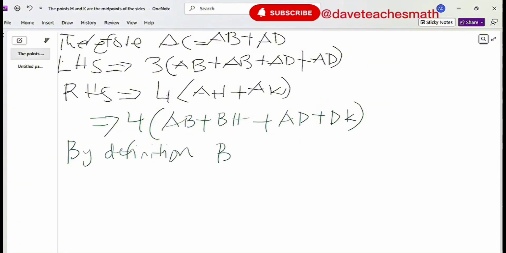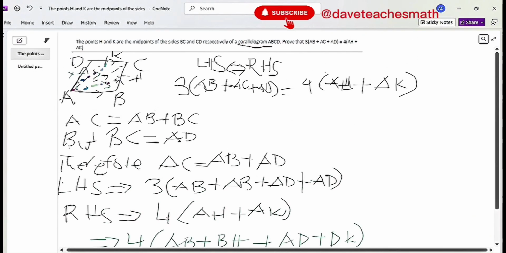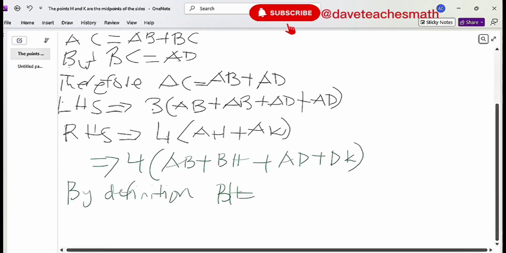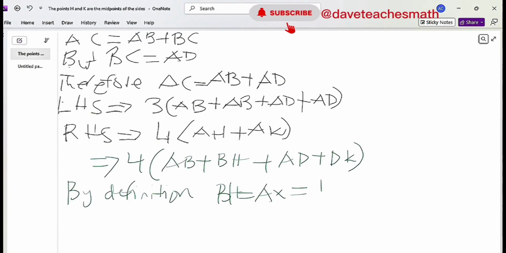BH is equal to AX, but X is the midpoint of AD. So we can equally say that BH is equal to half of AD. So BH is equal to AX, which is also equal to half of AD.